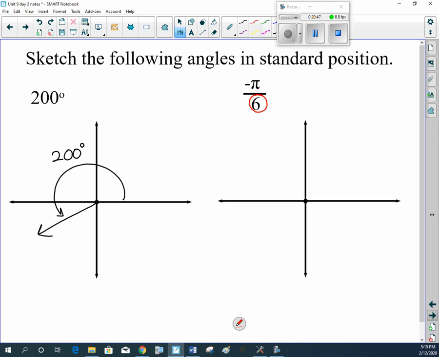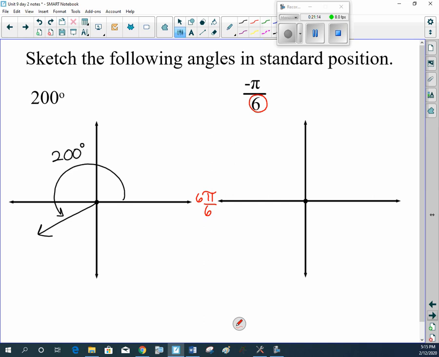I know that 180 degrees is the same thing as pi. That was our conversion factor. So instead of writing 180 degrees, I'm going to use pi, and instead of writing just pi, I'm going to use 6 because this fraction is out of 6's. So this would be the same thing as 6 pi over 6.